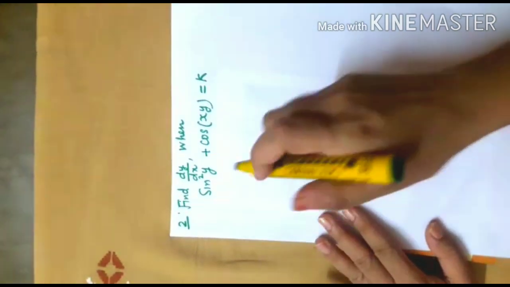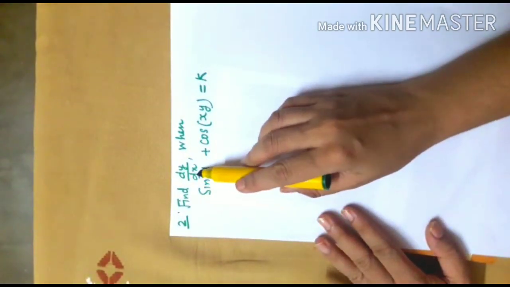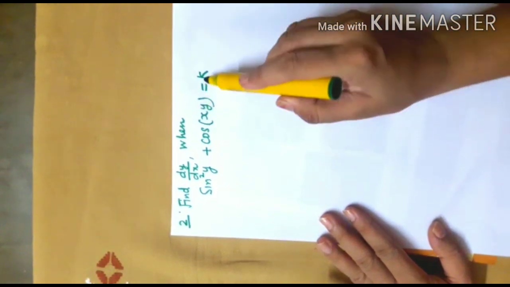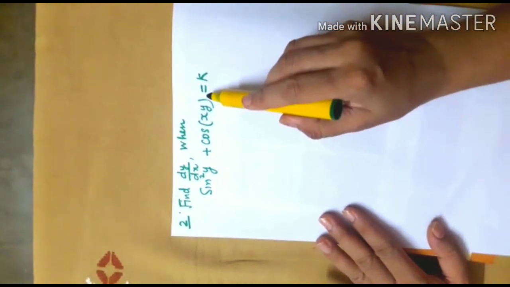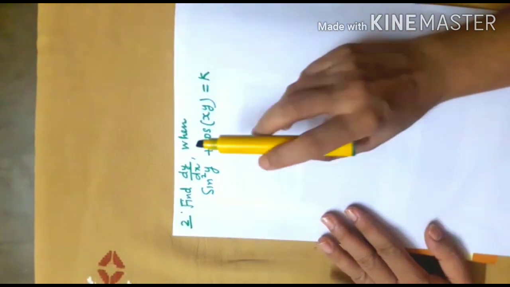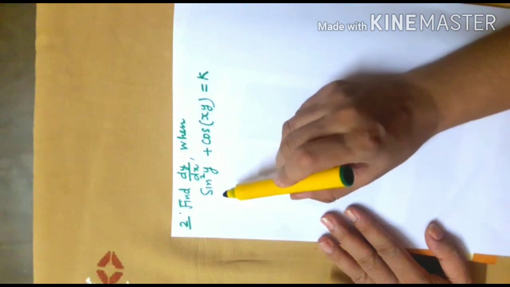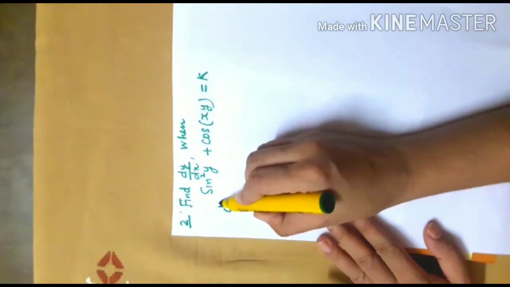Let's take another question. Find dy by dx when sine square y plus cos xy is equal to k, where k is a constant. Yes, I want to find out dy by dx, so I have to differentiate both sides with respect to x.